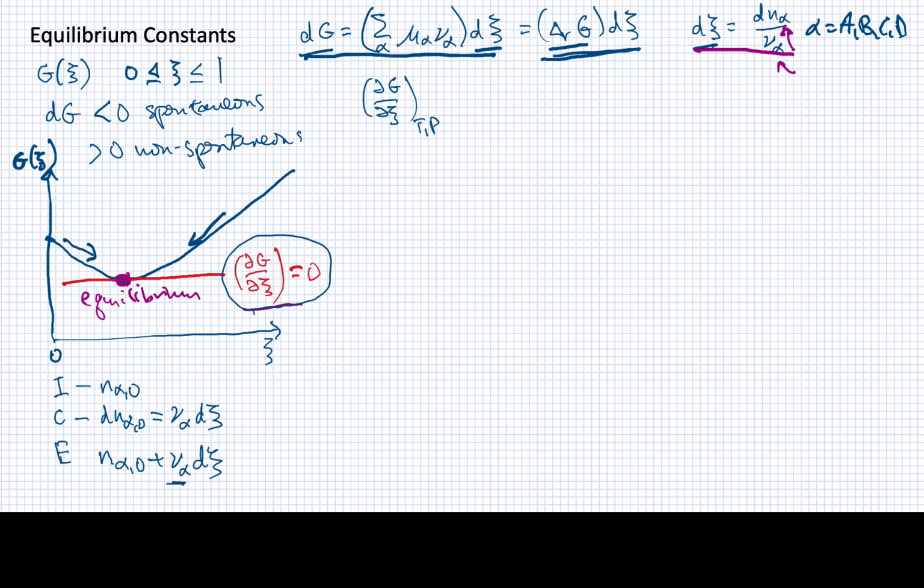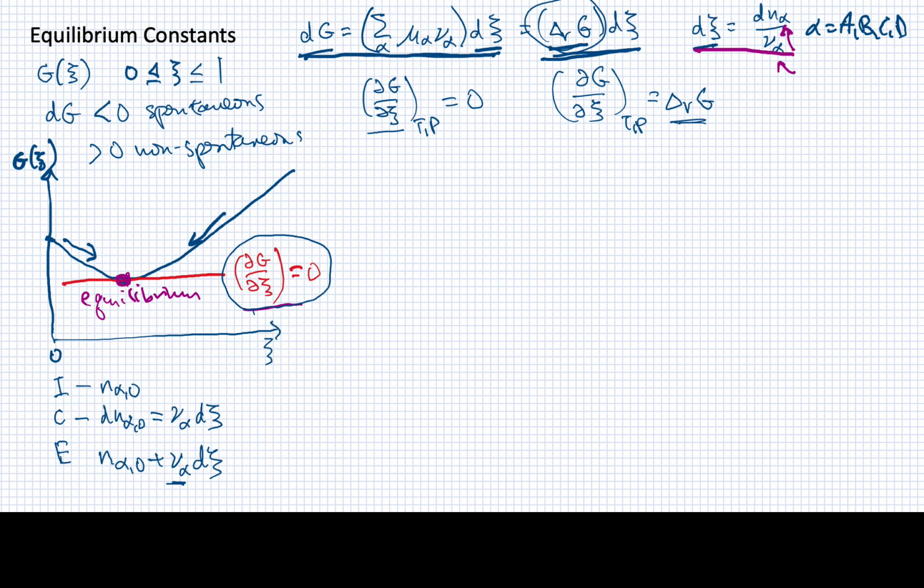And by the way, this partial derivative is taken at constant temperature and pressure, and we want to set it equal to 0. But we also know that this differential, if I were to write it out from this expression, would be equal to this parameter here.